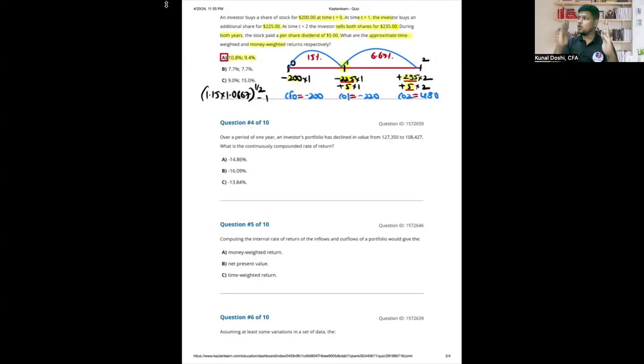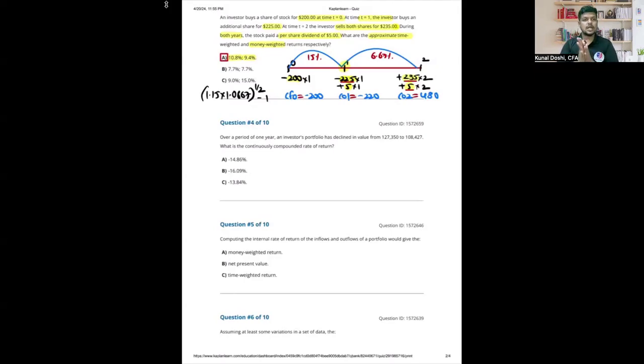The beginning value, the ending value, and the dividend. Then follow the formula: ending plus income divided by beginning. Signs are cash flow signs, only required when you calculate money weighted rate of return. When calculating time weighted rate of return, once again, ignore the signs, ignore the number of shares. Clear?